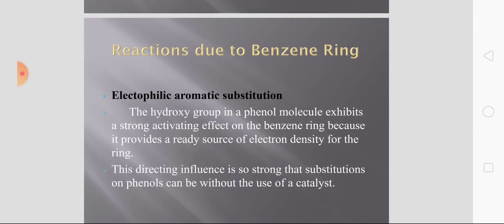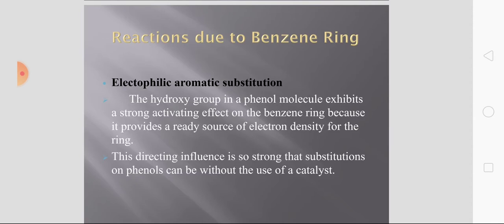Okay, now comes reactions due to the benzene ring. These are the reactions which are shown by the benzene ring. You know, benzene shows electrophilic aromatic substitution reactions. In phenol, the hydroxy group is attached to a benzene ring, and the OH group contains a lone pair.